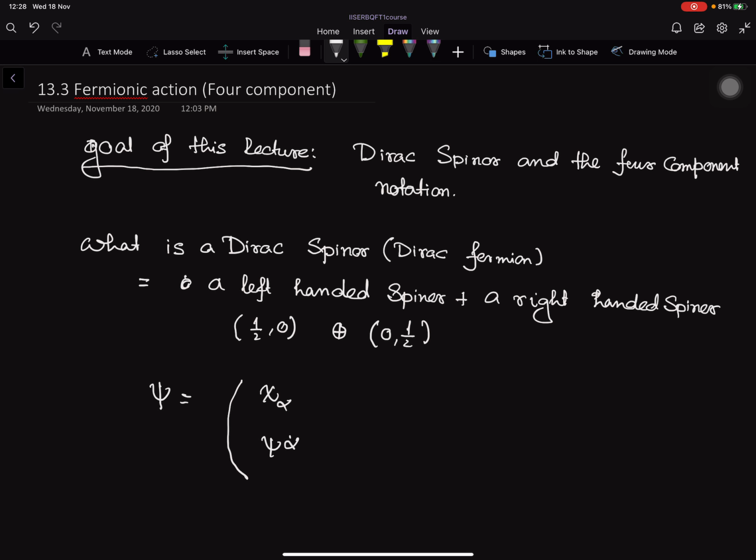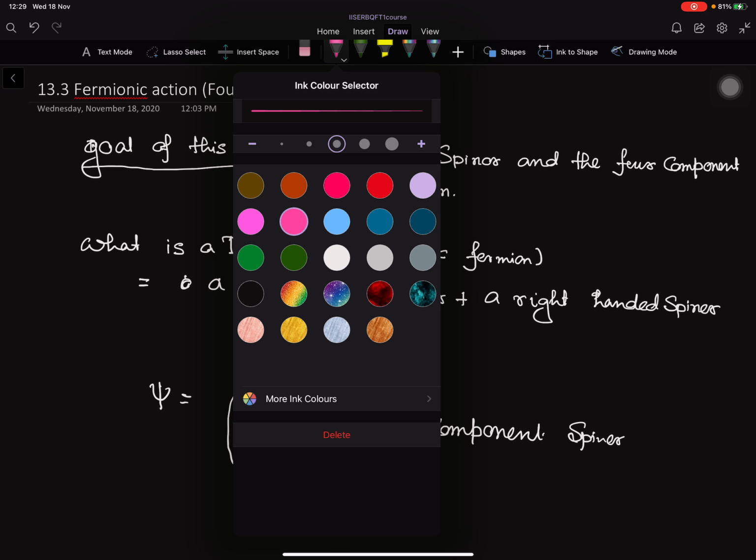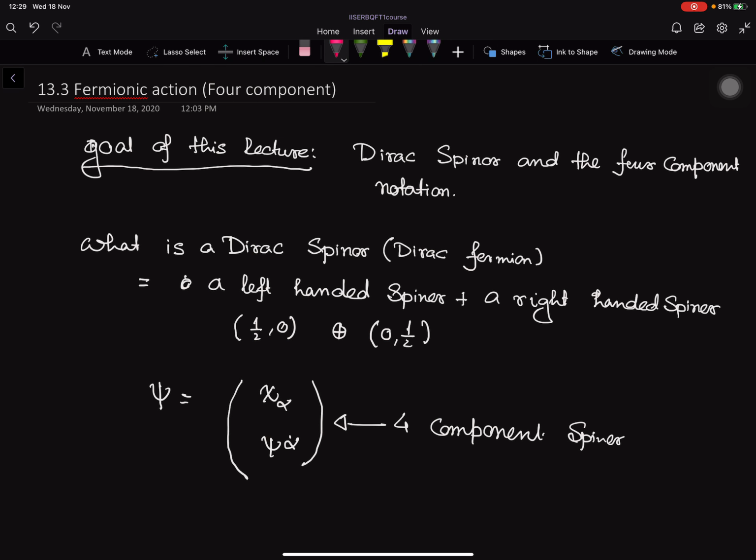Psi alpha dot. It's a four component spinor. So for example, this is the left-handed one, and this is the right-handed one.